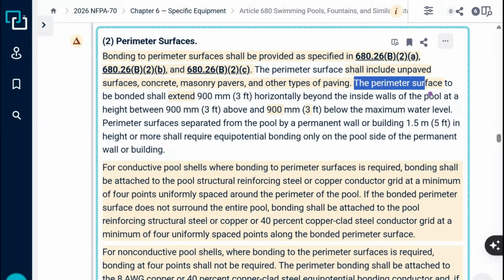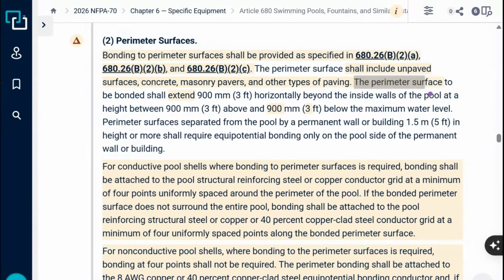So it's giving you this 3 foot out. It could go up 3 foot above, down 3 foot below, but it's still the 3 foot around. It's a three-dimensional bubble. We have to think of it three out, three up, three down, carrying that three-dimensional shape around the pool. And that would be the perimeter surface.